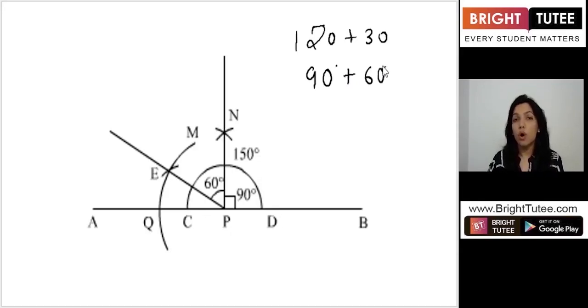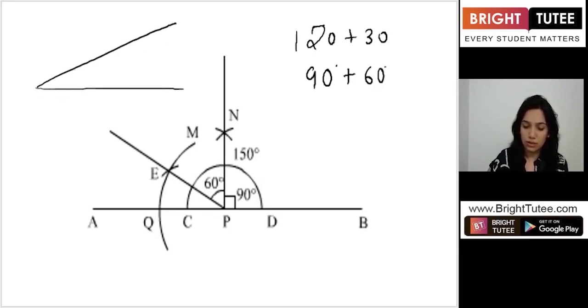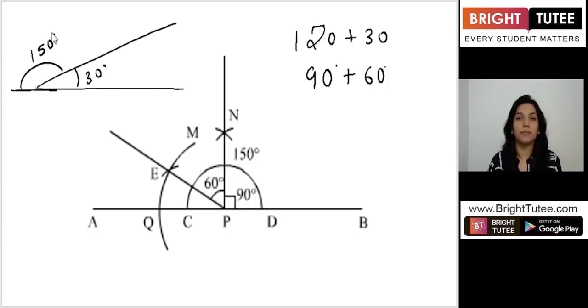Okay, or what you can do, just draw a 30 degrees angle. Listen to this carefully, just draw a 30 degrees angle. Now complete this line of 120 and whatever you see here, it is a 150 degrees angle. Clear? So there are different ways by which you can draw a certain angle.